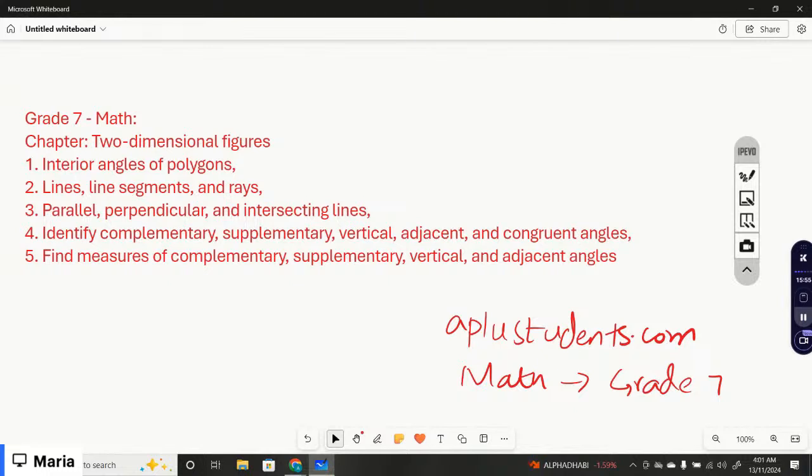There you can find a list of the chapters. We're going to start with the chapter two-dimensional figures. The lessons we're going to cover today are interior angles of polygons, lines, line segments, and rays, parallel, perpendicular, and intersecting lines, identify complementary, supplementary, vertical, adjacent, and congruent angles, find measures of complementary, supplementary, vertical, and adjacent angles.